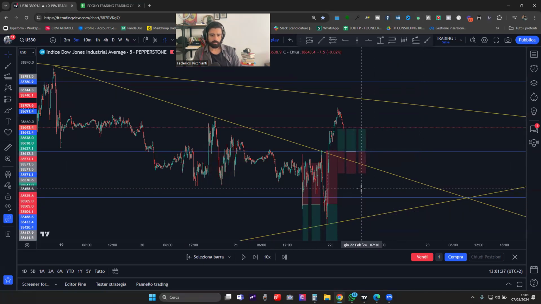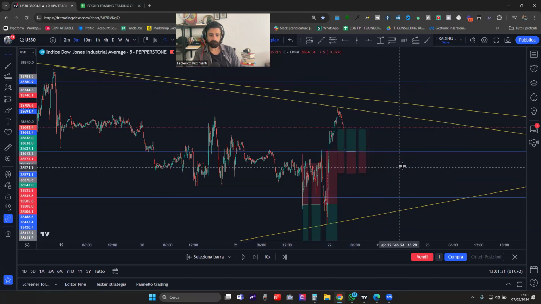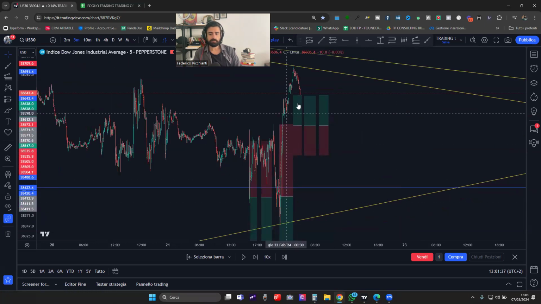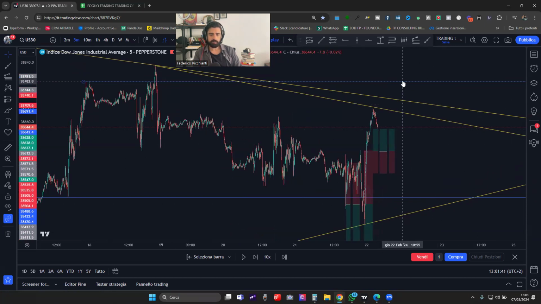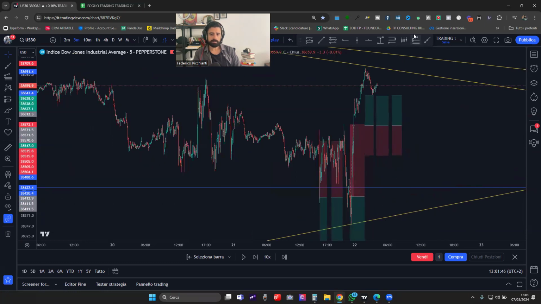So what could I do? Okay, first of all, let's just fix the trend line. Let's delete this and make it easier to understand. This one seems pretty much stretched out. So if the market tumbles back down, I'll consider a closing situation, probably going long here. Let's just see what happens.